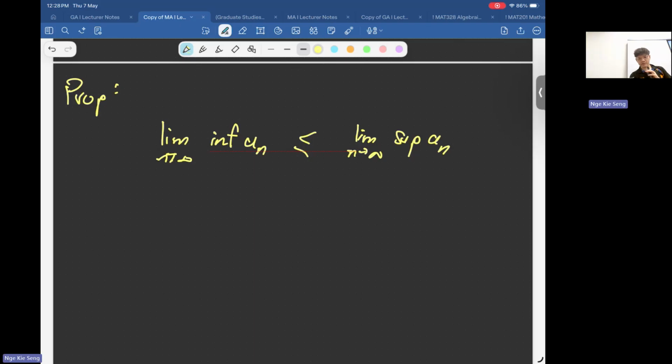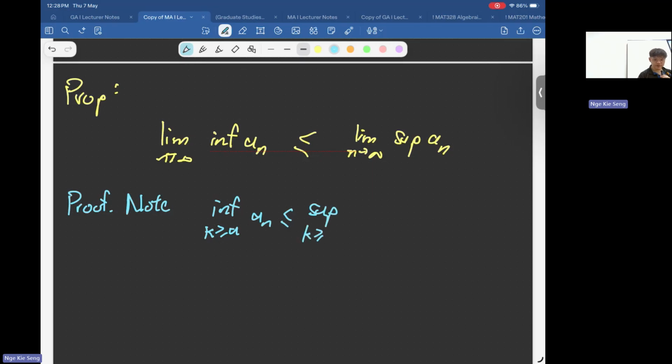So let's prove this. First of all, we already know that the infimum should be less than the supremum. One is a lower bound, one is an upper bound, so this has to be true.